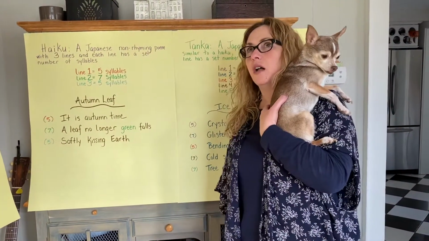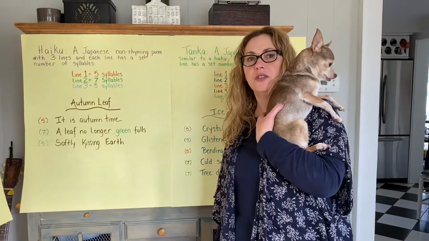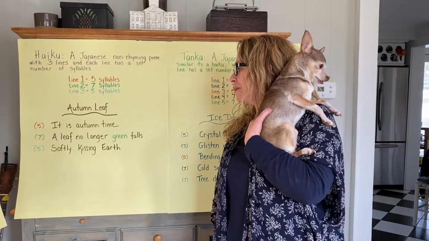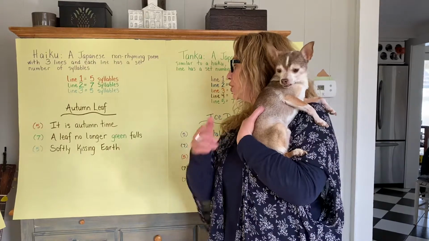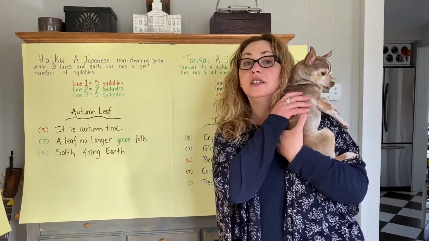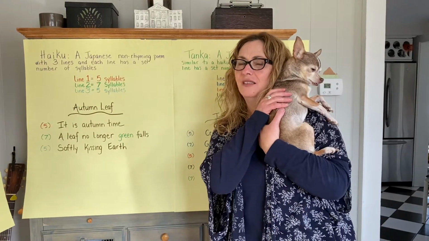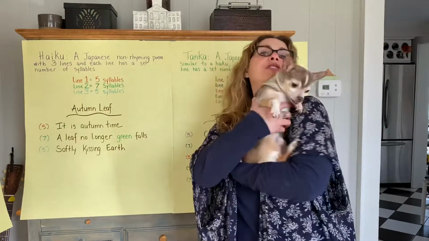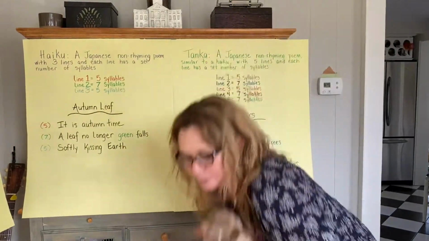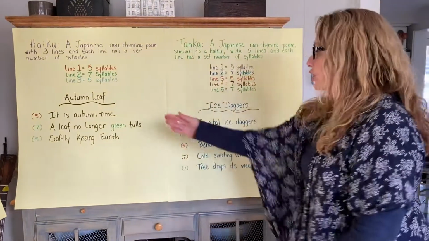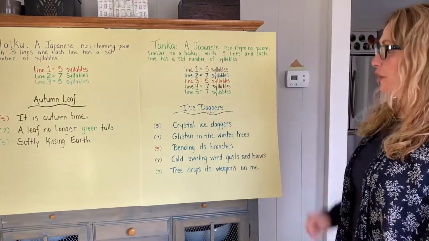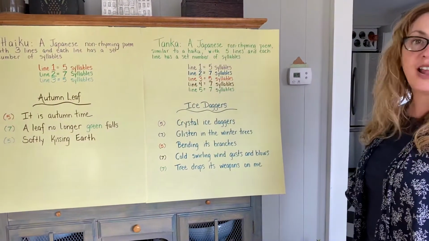Well, leaves fall, so that's not giving it a human characteristic. What about this third line? Softly kissing earth. Leaves don't have lips. They can't kiss. Georgie's got lips. He can kiss. So there's your example of personification. It's in the very last line.